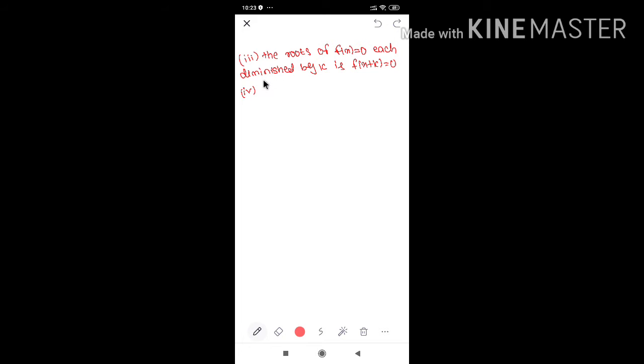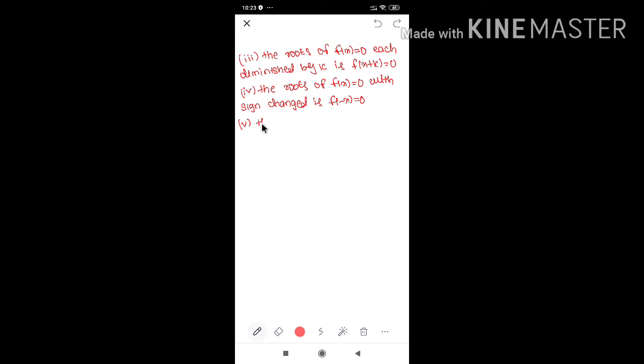Fourth, the roots of f of x is equal to 0 with sign changed is f of minus x is equal to 0.